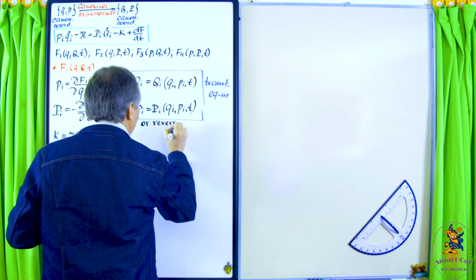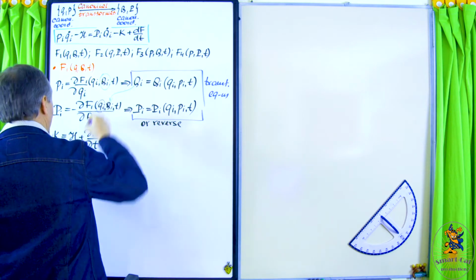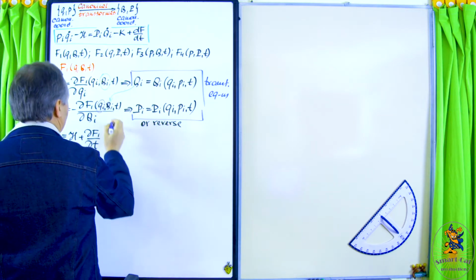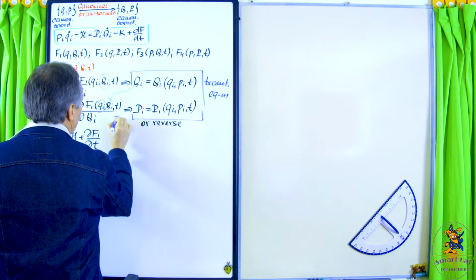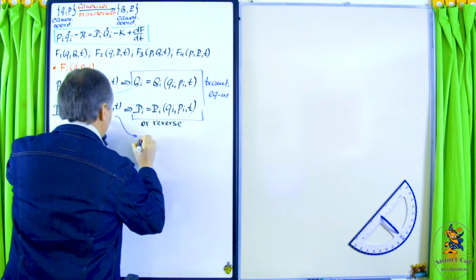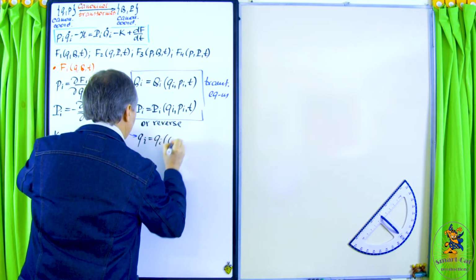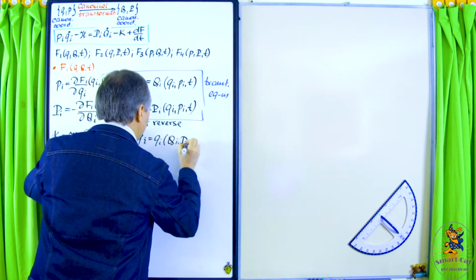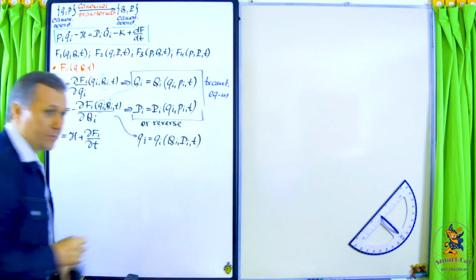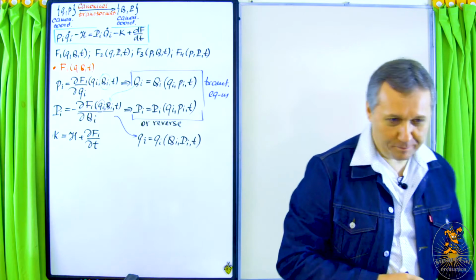So from here, if you invert it, you will get q as a function of Q capital, P capital, and time. So that will be the transformation equation in the opposite direction.